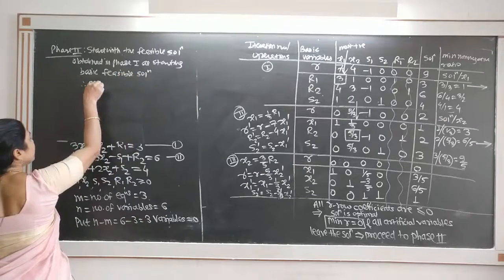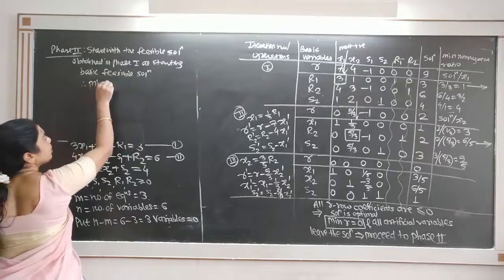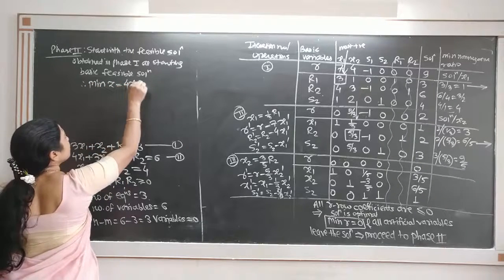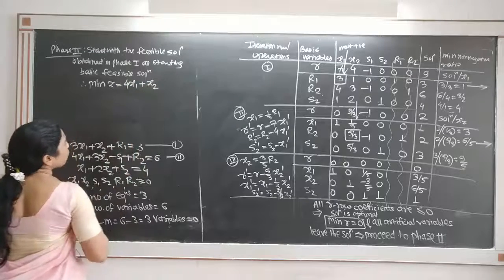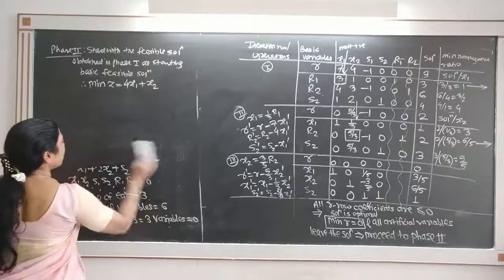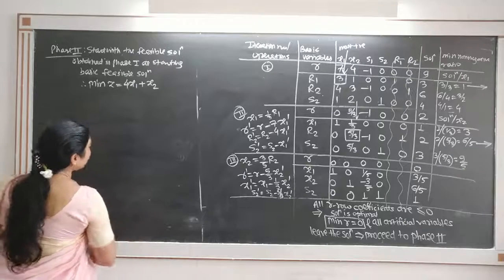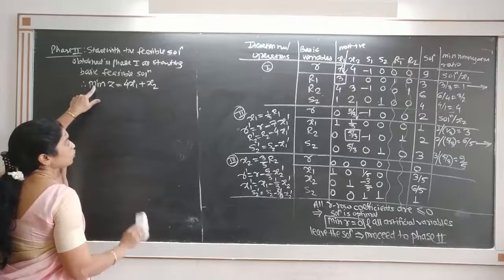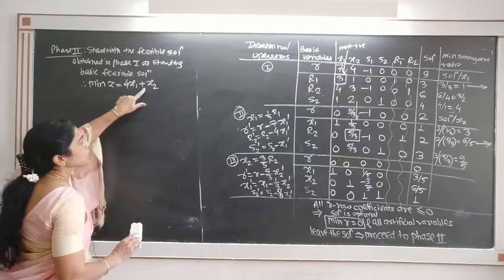The original function, that is minimum z is equal to 4x1 plus x2. That is our original function. Now see, in phase 2 we will always start with whatever is our original objective function. So minimum z is equal to 4x1 plus x2.